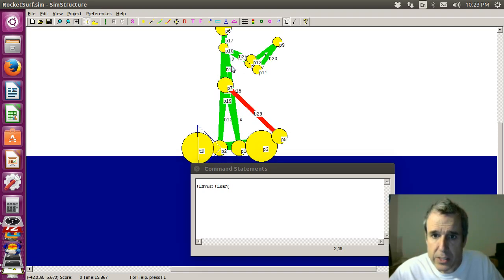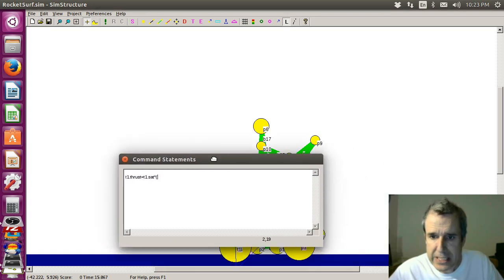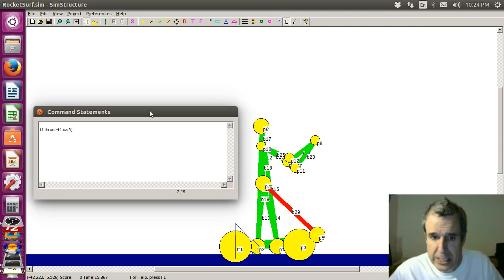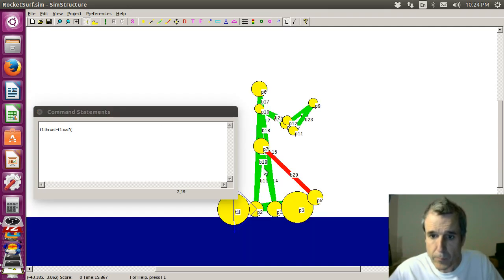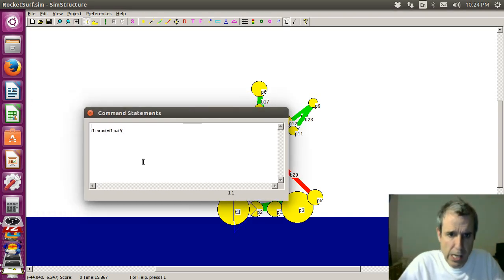What is this bond? Let's say bond 18. So our angle is going to be bond 18 heading.